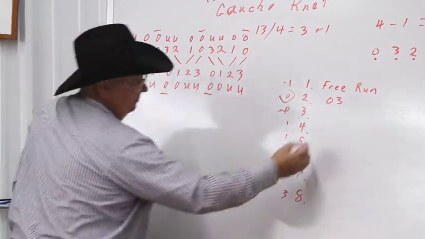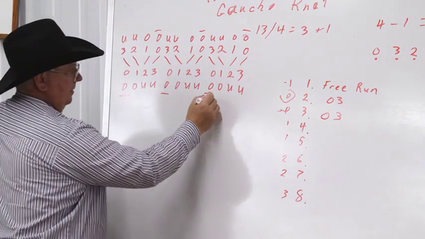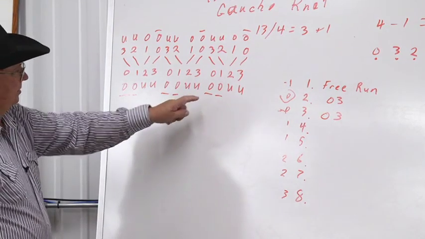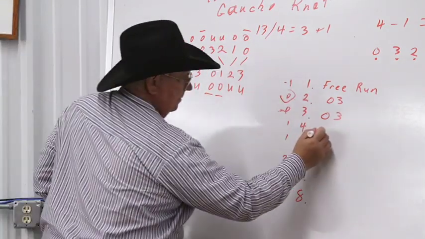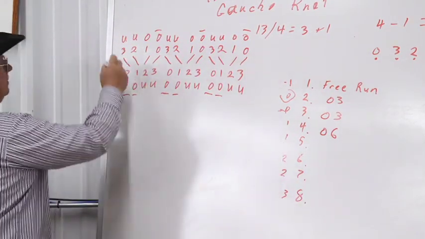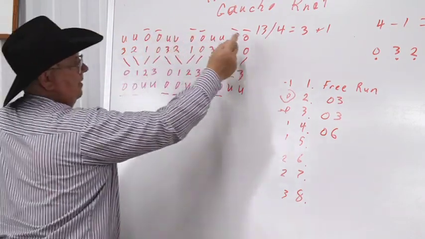So it's over 3 times. Now we're looking for 1, there. So it's over 6 times. We're looking for our 1, there. So 1, 2, 3, 4, 5, 6 times.